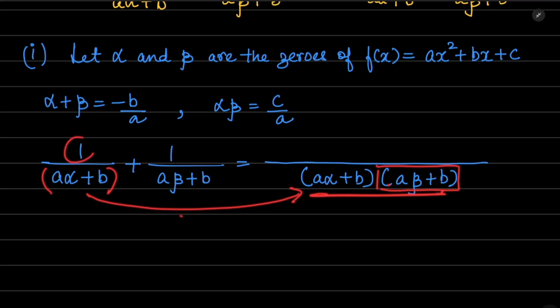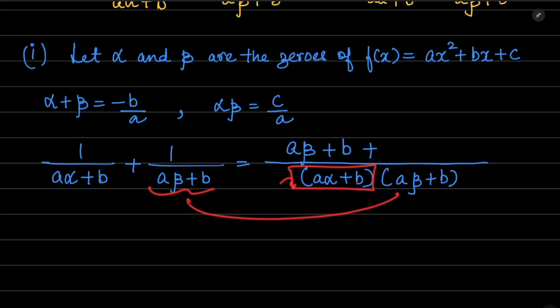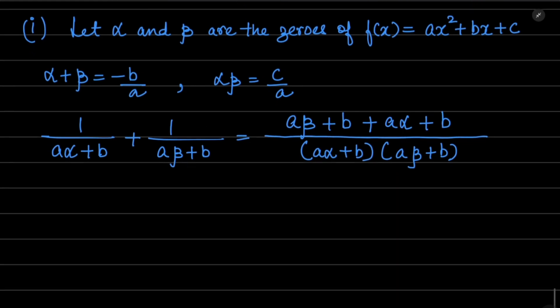This you have to multiply it with the numerator 1. So what will be the first term? It will be a beta plus b. Okay, and then the plus in between, and again a beta plus b is already there, so you have got a alpha plus b multiplied by 1. Okay, so you have a alpha plus b. Now let's combine.